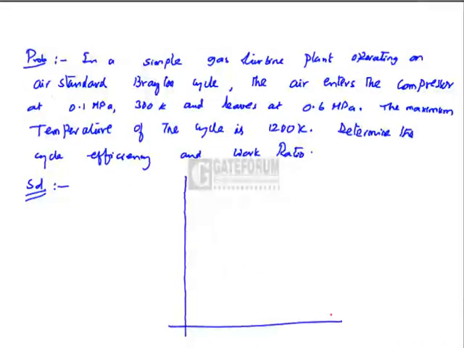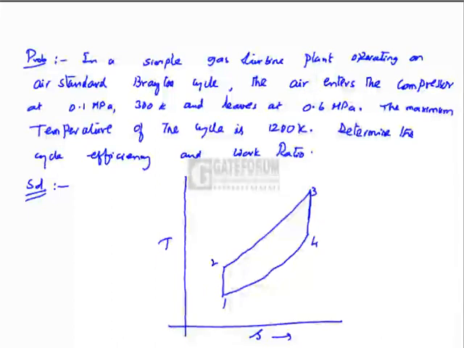Let us indicate the cycle on the temperature entropy plane. The cycle has two isoentropics and two isobarics. This is the work of turbine in the process 3 to 4. In the process 1 to 2, this is the work of compression, and this is the heat supply.